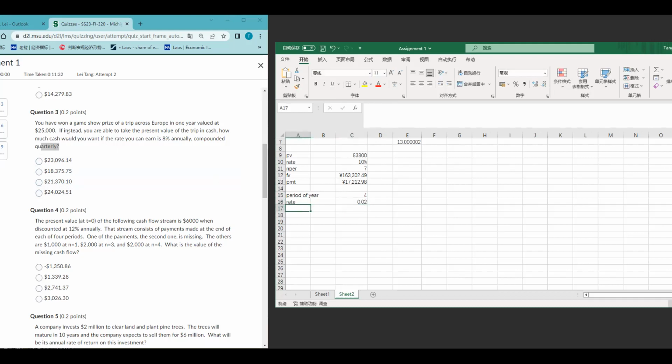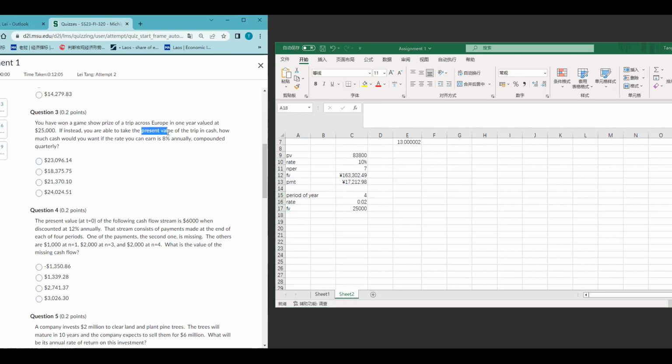And also we know that since we still have not received this money, this money for us means future value. We still have not received this money, so this 25,000 is a future value. FV is 25,000.